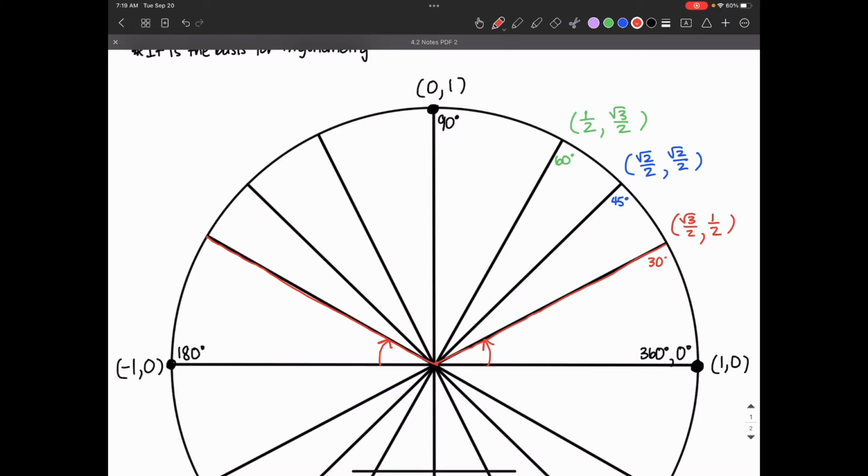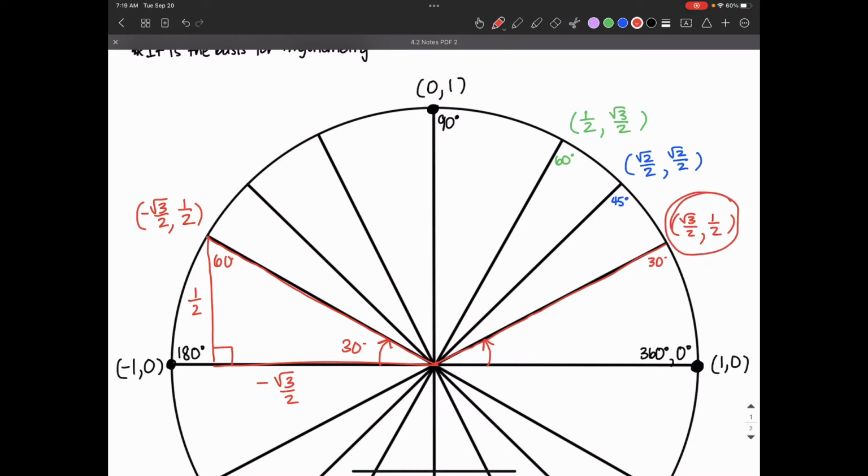And if I were to create the right triangle over here that I did before, this is 30 degrees, 60 degrees, 90 degrees, then I would see the opposite of what I saw on this side, or not the complete opposite, but this side is 1/2, this side is the square root of 3 over 2. But I know I'm going in the negative direction for the square root of 3 over 2. So the coordinate here would be negative square root of 3 over 2, 1/2.